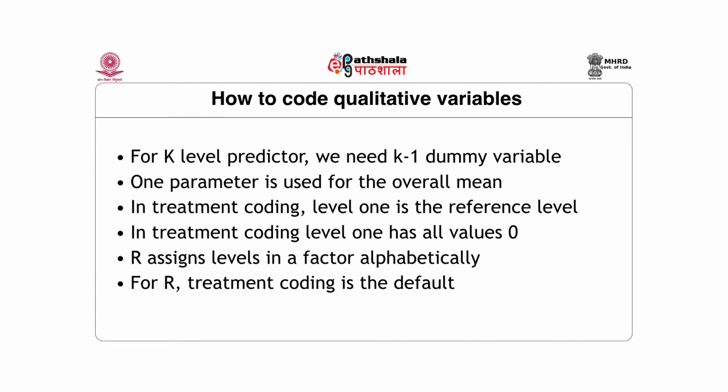If you had Hindus, Muslims, and Christians, Christians would be assigned a value of 0, Hindus 1, Muslims 2. Of course, if you want to play with R, then you can change the names of the levels, and R will accordingly adjust what value it is going to assign to that particular level or category. And in R, the coding that it uses for dummy coding is treatment coding.